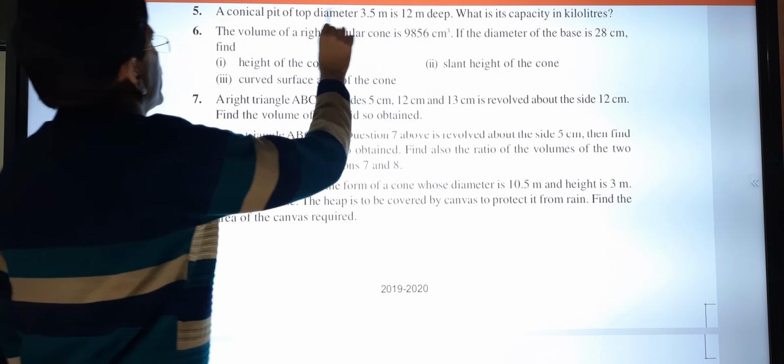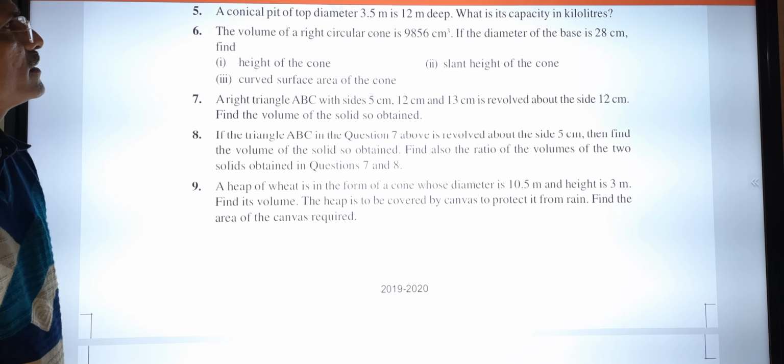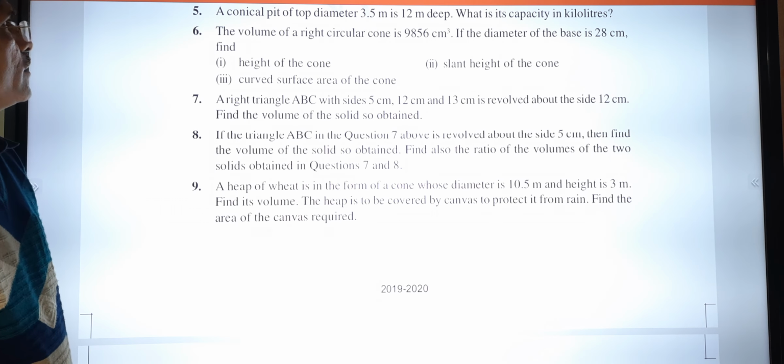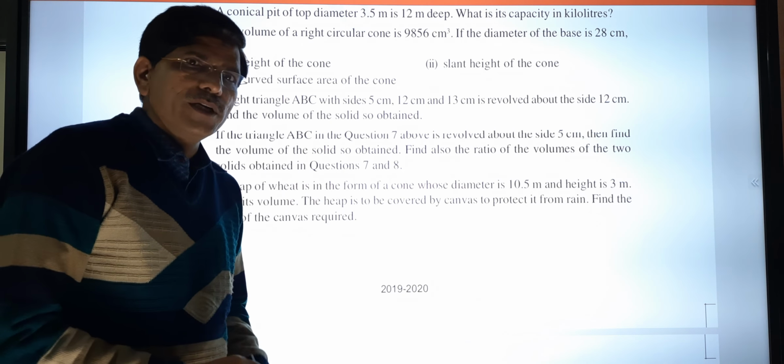Question number 5. A conical pit of top diameter 3.5 meter, 12 meter deep; the capacity in kiloliter we have to find out. I think you must know what is related to the kiloliter.